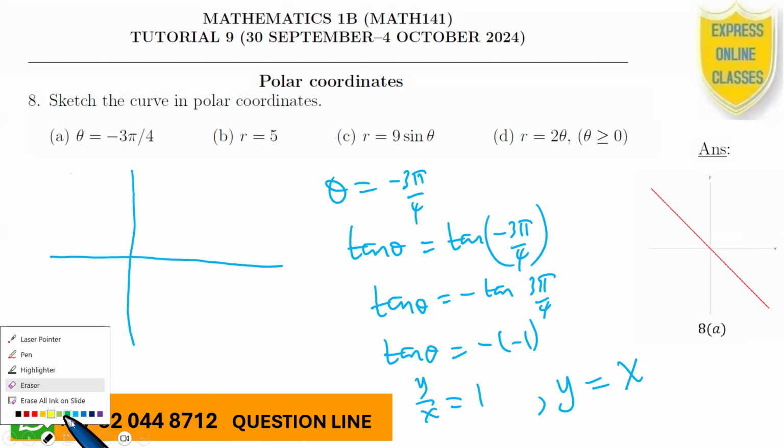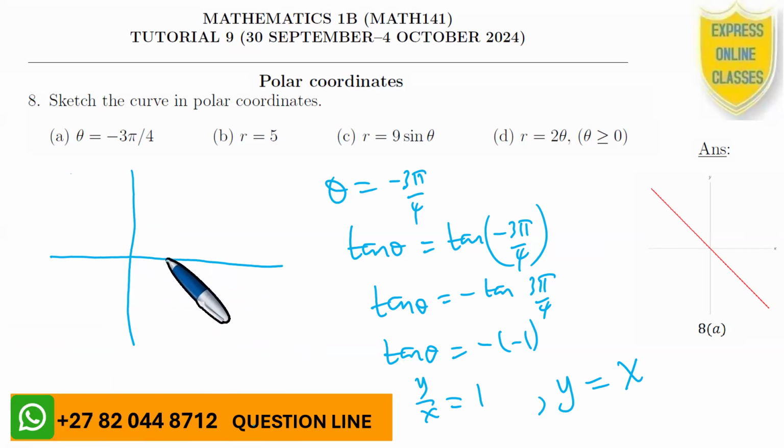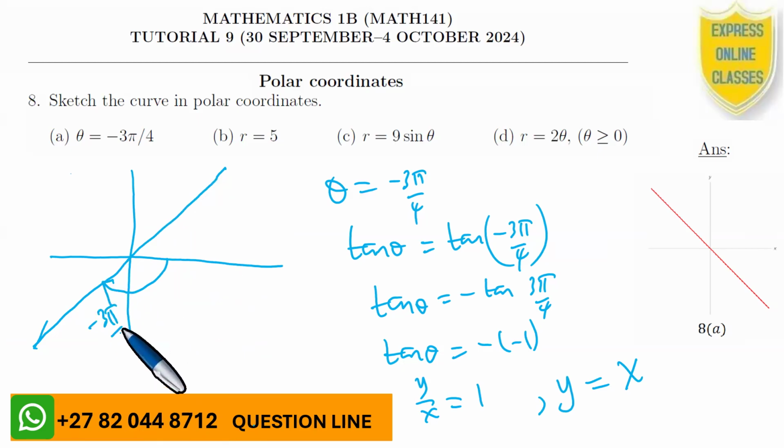Okay, so if you look at it very carefully, minus pi over 4, minus 2 pi over 4, minus 3 pi over 4 should be here. So therefore, this should be seen as this, because it's minus 3 pi over 4, so it is the same as the line y equals x.